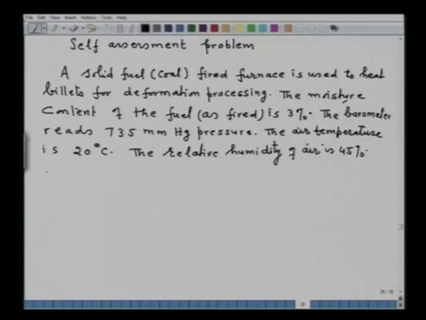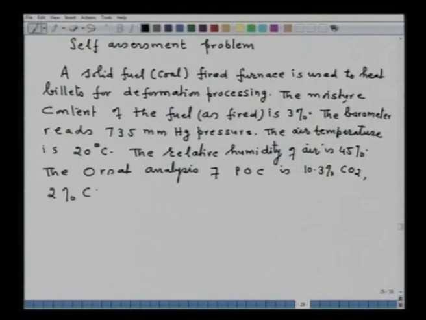The orsat analysis of POC is 10.3% CO2, 2% CO, 6.2% oxygen and 81.5% nitrogen.